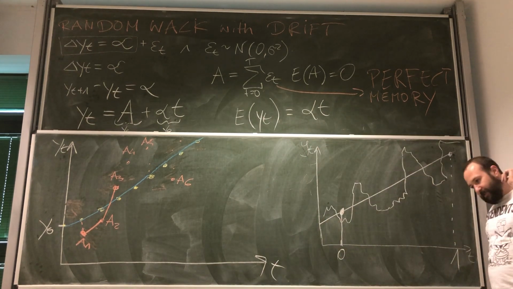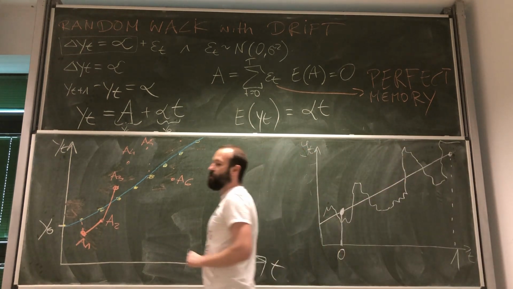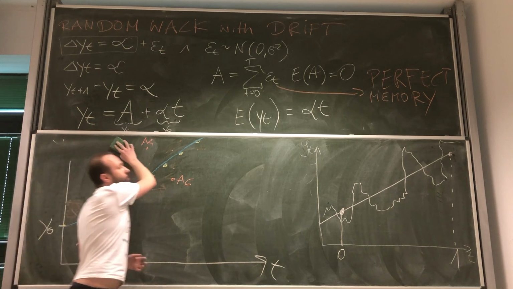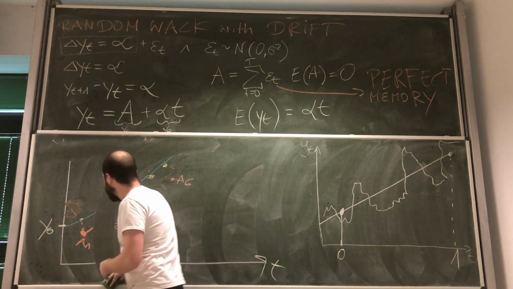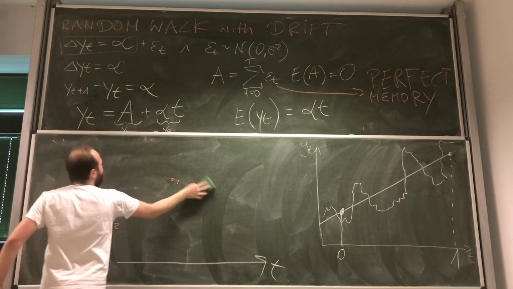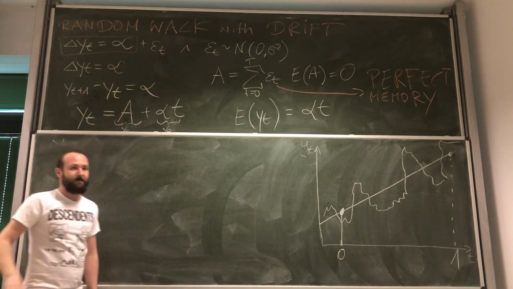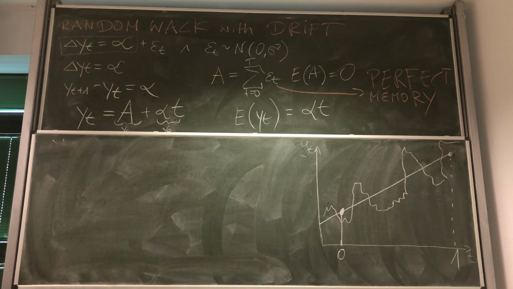However, there is an alternative. An alternative is something we will consider now. The next type of process we're going to discuss is going to be called the trend stationary process.